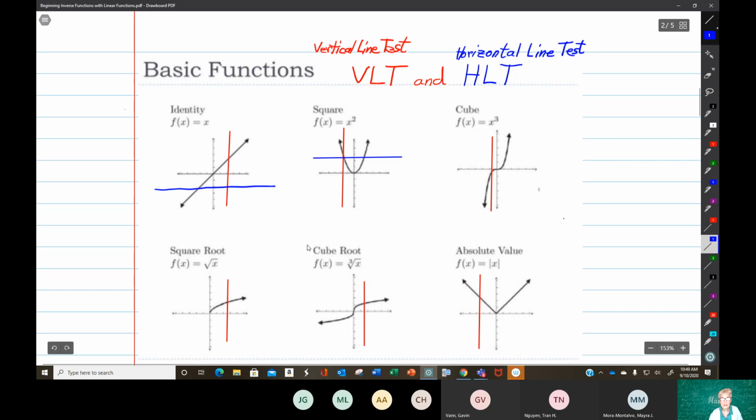It passes the vertical line test, but it's not one-to-one because the blue line touches the graph twice. So this is not one-to-one. I'll go back and write it. This is one-to-one.